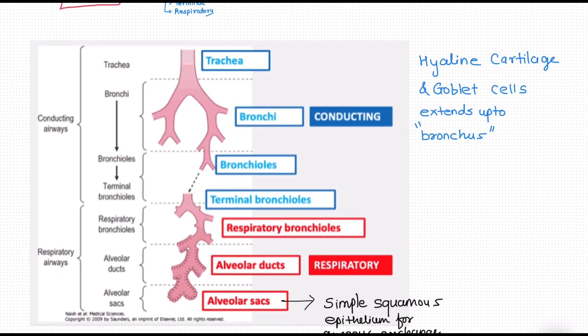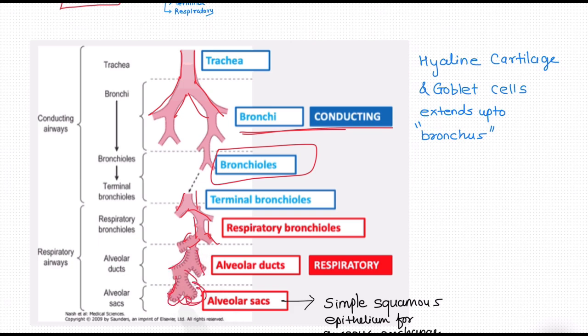See this image. This is the trachea. Then it divides into right and left bronchus. These bronchi again further divide into bronchioles, then terminal bronchioles and then respiratory bronchioles. Then the alveolar ducts and alveolar sacs are the end point.